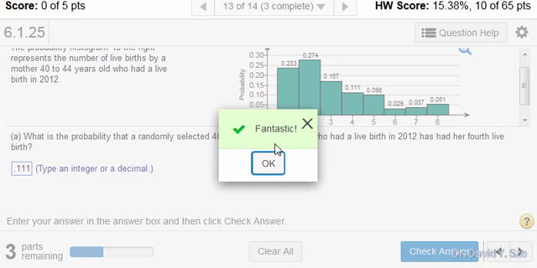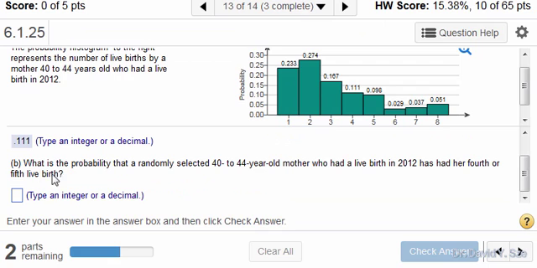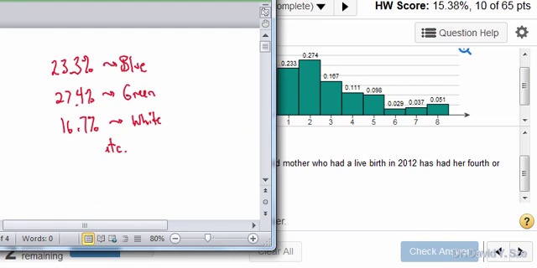Let's go to the next part. What is the probability of a woman having her fourth or fifth? If we were to continue thinking about colors, that's like saying, what's the probability of being green or white?